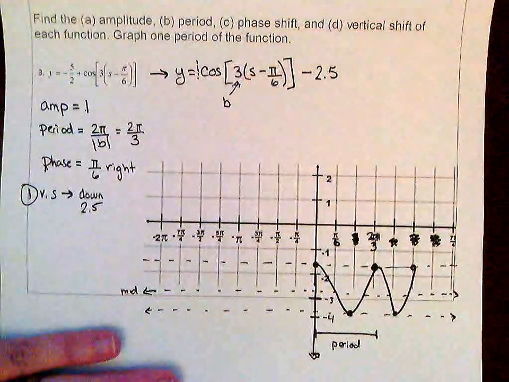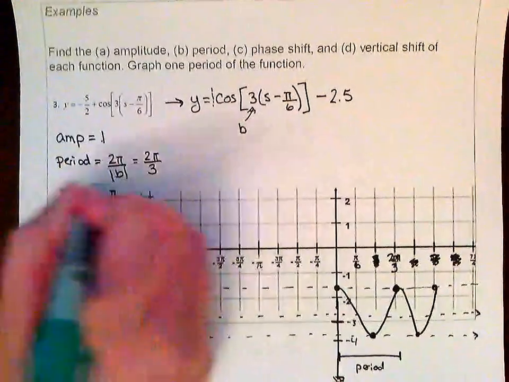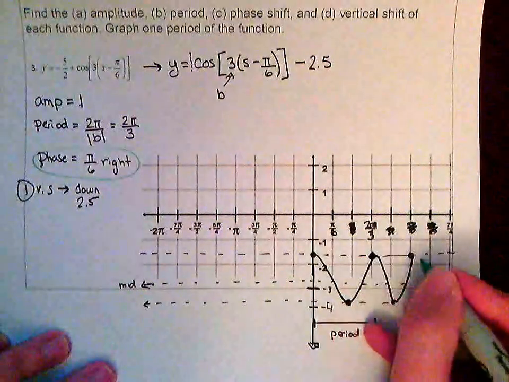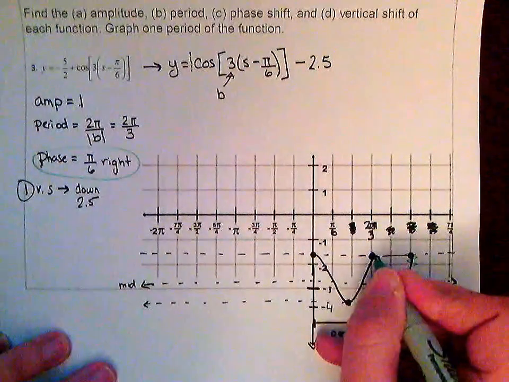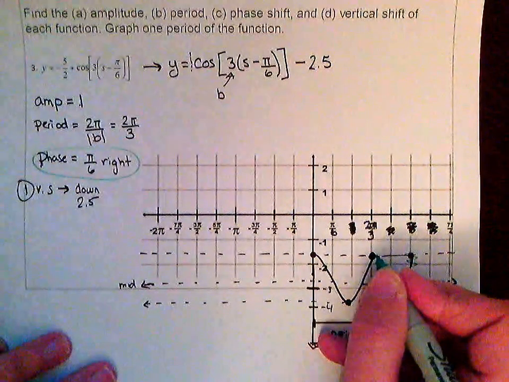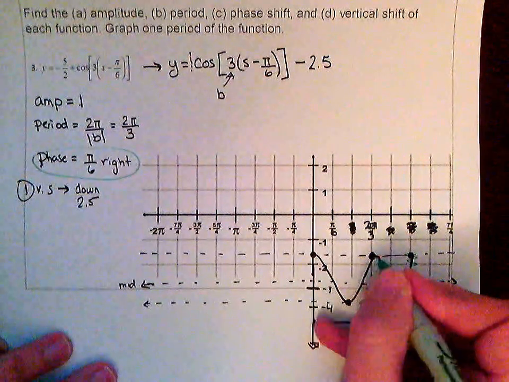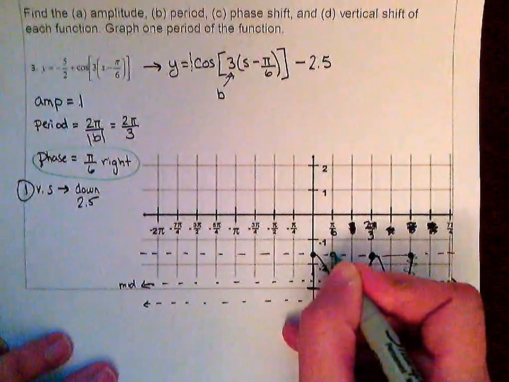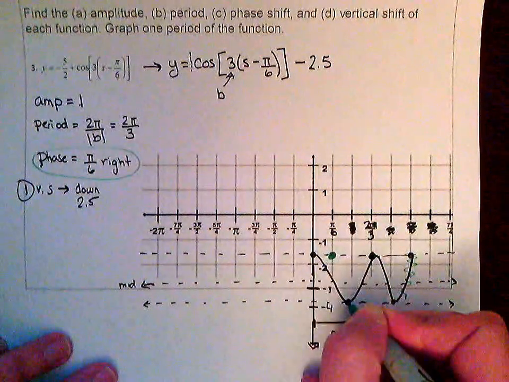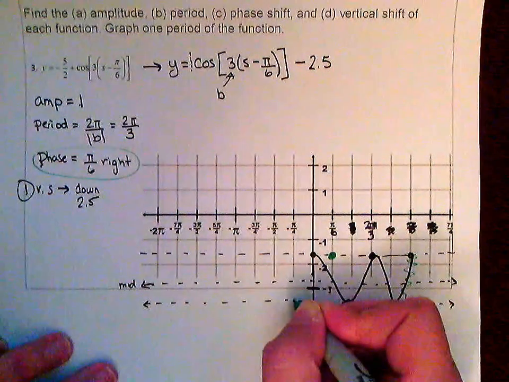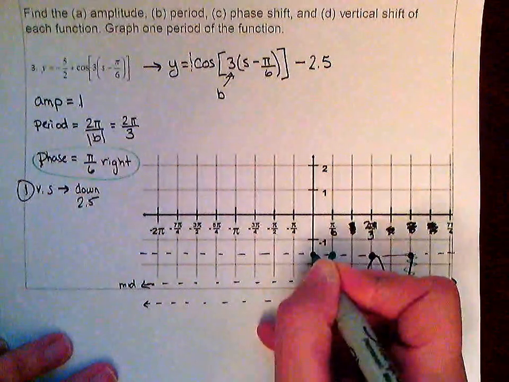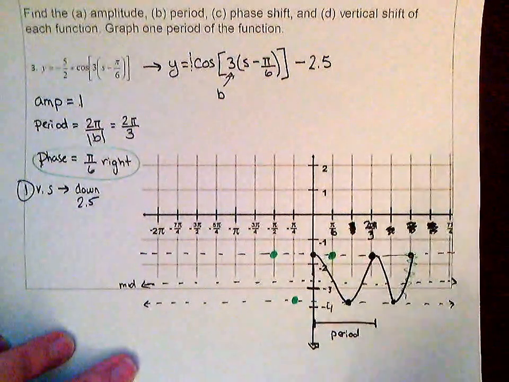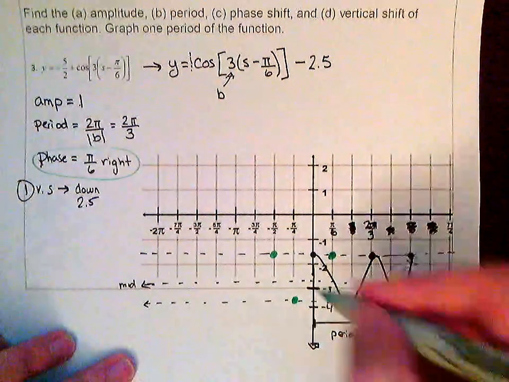Alright, but I need to remember I'm not done yet because I do have a phase shift. And this phase shift is telling me that every single one of these points, and this was a mistake, but every single one of these points is going to be moving over pi over 6. So that means that this point is moving pi over 6, this point is moving pi over 6, and this point is moving pi over 6.